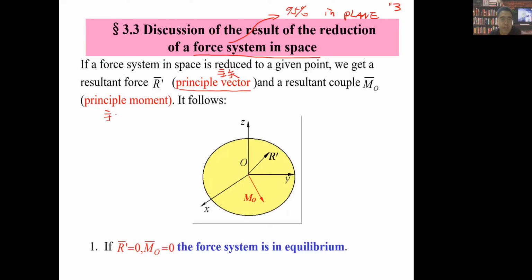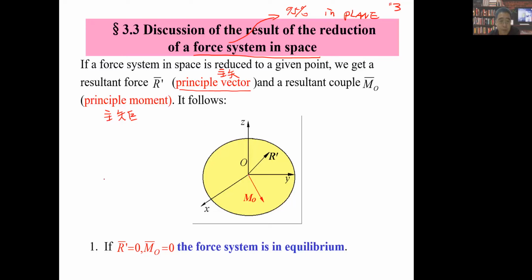The principal vector will try to let the body move along some direction, and this resultant couple MO will try to force the body to rotate around some axis.